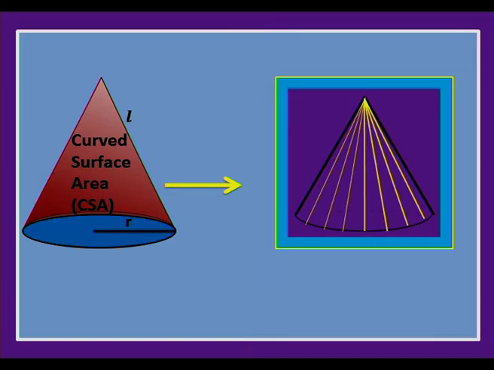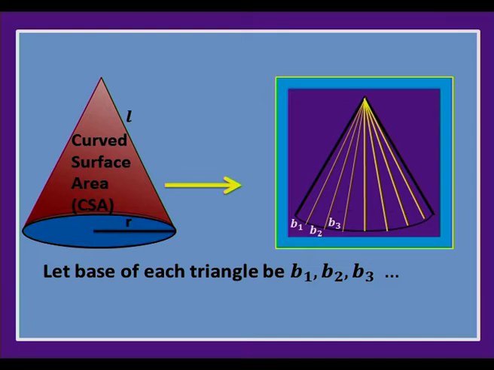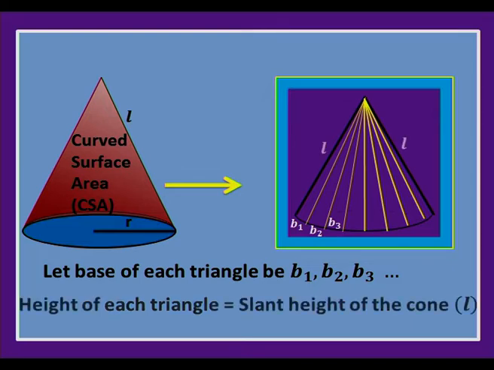If you cut into very small parts, it represents a triangle. Let the base of each triangle be B1, B2, B3 and so on. Then the height of the triangle is nothing but the slant height of the cone. If you notice from the figure, the height of the triangle is nothing but the slant height of the cone, which we denote by L.